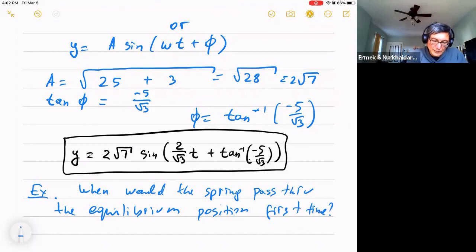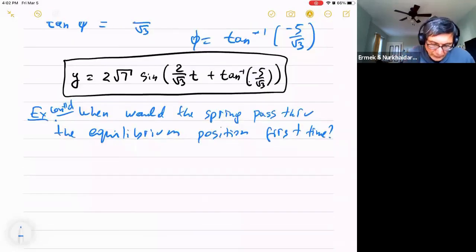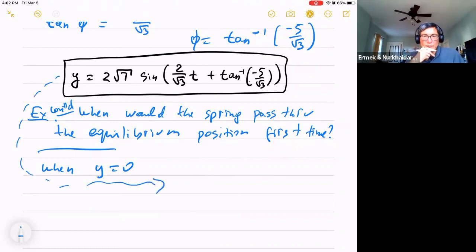So if you continue the same example, basically what we need to know to answer is when y equals 0. When y equals 0, we can address it from this form of our answer.